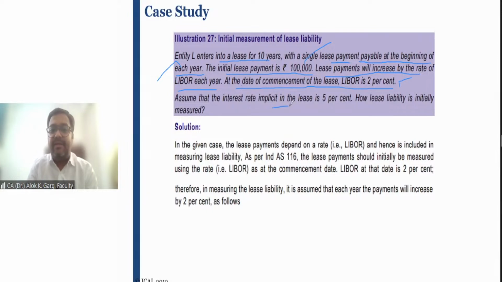Assume that the interest rate implicit in the lease is 5%. How is lease liability initially measured? You need to tell me the right of use asset and lease liability. Since this escalation is on the basis of an index, it will form part of your future lease payments.